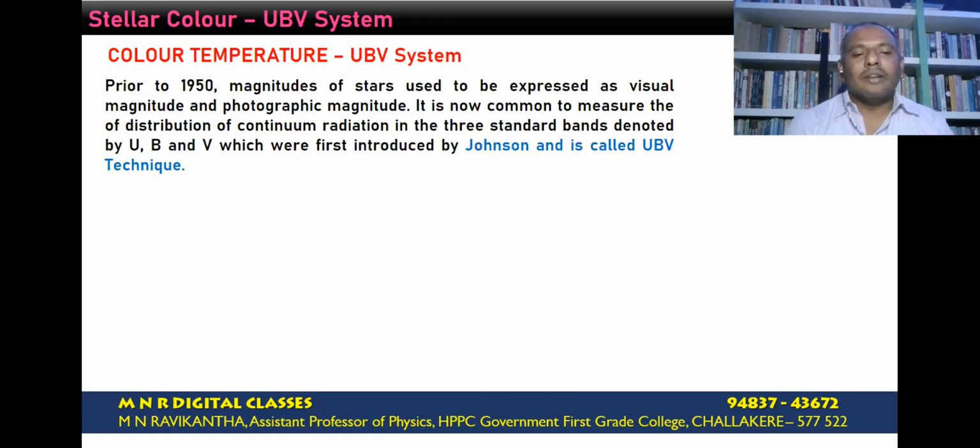But the modern method involves not the measurement of magnitude; instead, the distribution of the continuum radiation, that is energy density over a particular spectral range, is measured, and using that energy density, that is the flux, we can estimate the color of a star. This technique was introduced by Johnson.